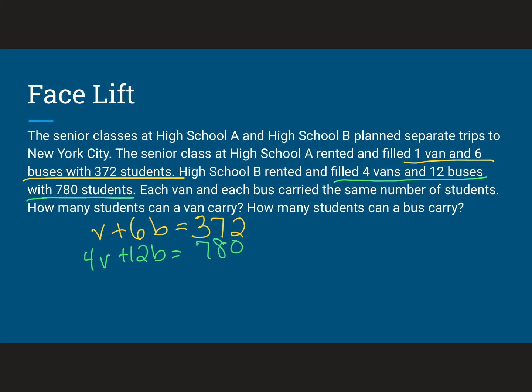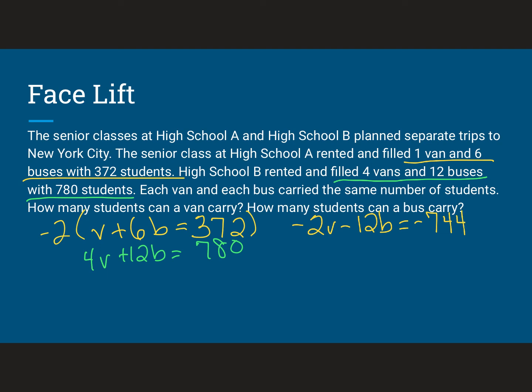So I'm going to multiply the top equation by negative 2. So that gives me negative 2V minus 12B equals negative 744.